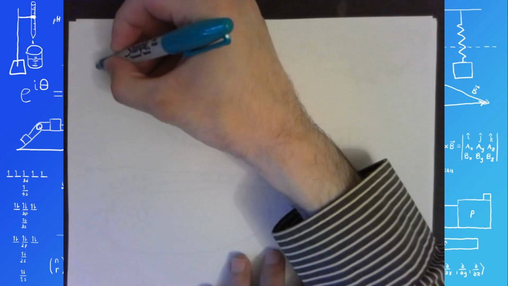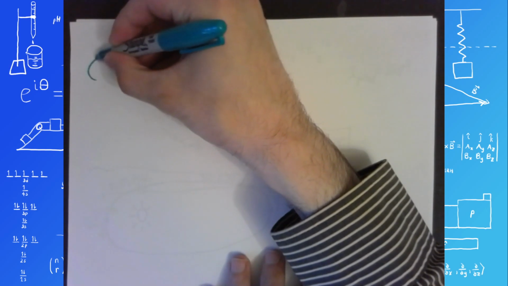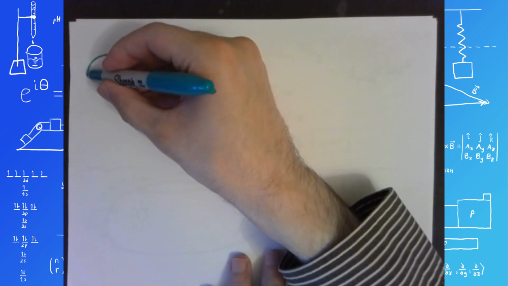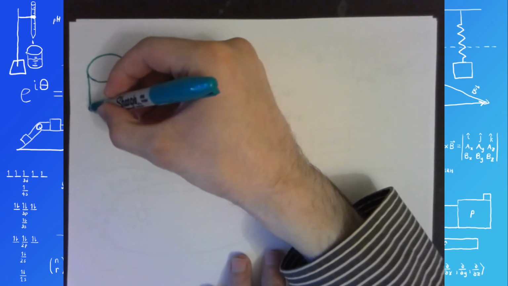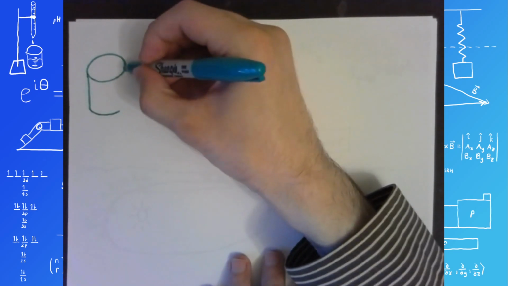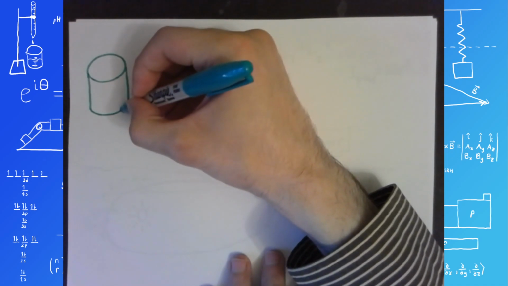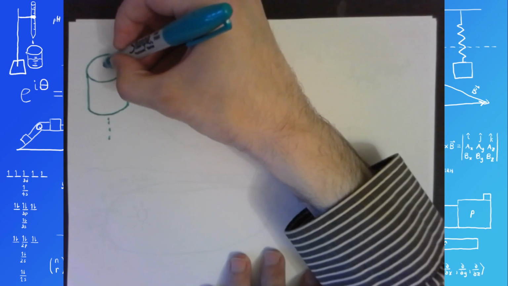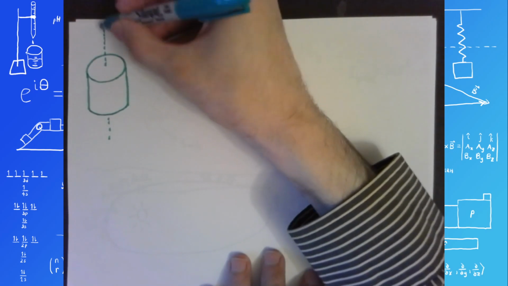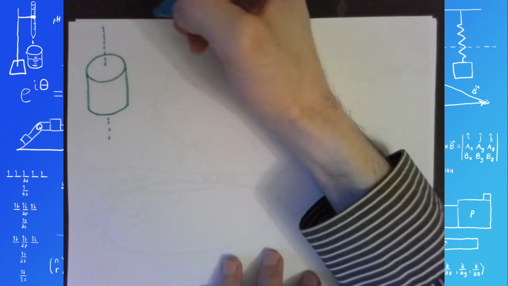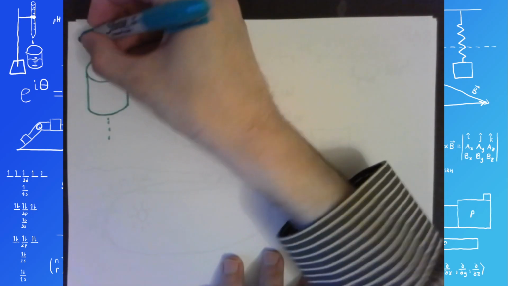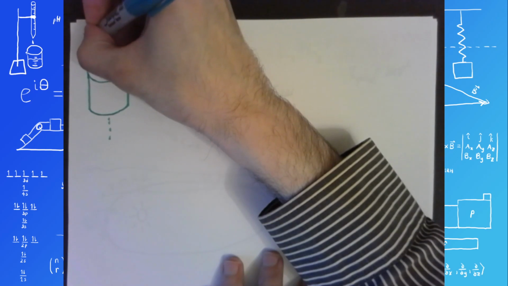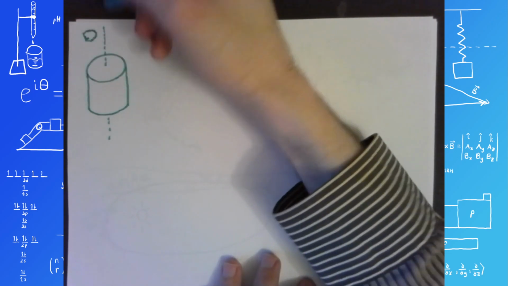So we've got ourselves a cylinder, and its axis of rotation is just through its center. And a piece of putty or clay is dropped onto it.